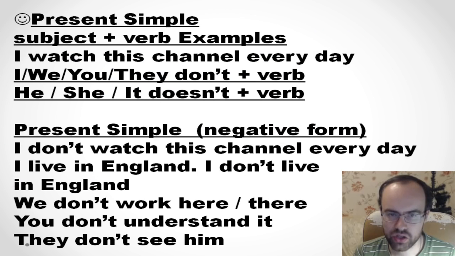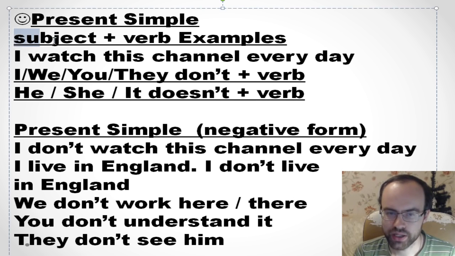So you know that we talked about present simple, and really, how do we form present simple? It's subject plus verb. So let me give you some examples, or one example, okay? So I watch this channel every day. So I is a subject and watch is a verb.